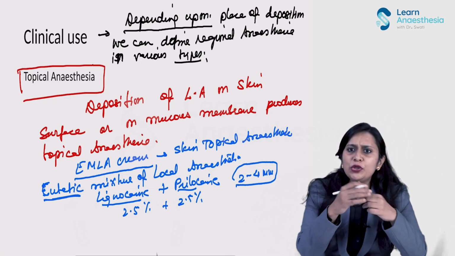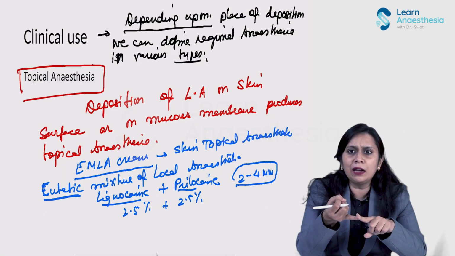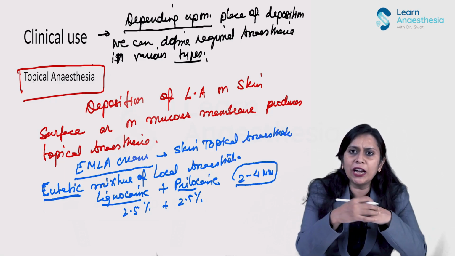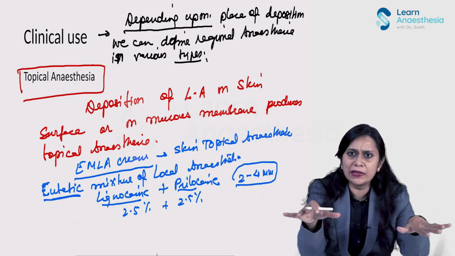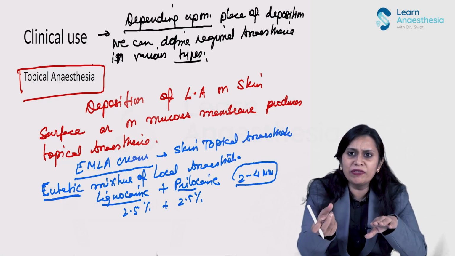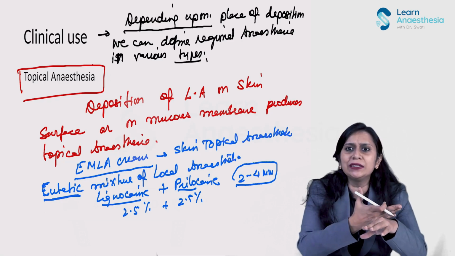There are a variety of procedures which can be done under EMLA cream. We can put a cannula under EMLA cream, and for cannulation we need hardly a contact period of 45 minutes to 1 hour, not more than that. But if I have to take a skin graft, we need more depth. So with 2 hours application of EMLA cream, only then can a split skin graft be taken.